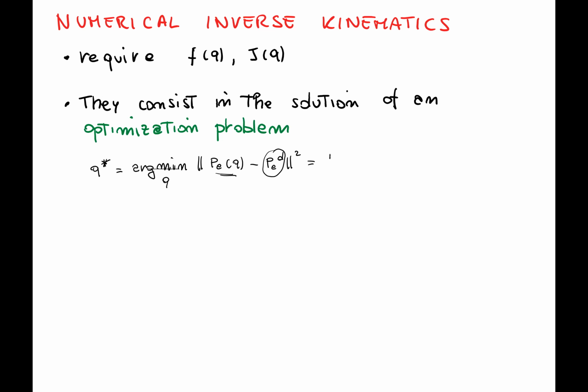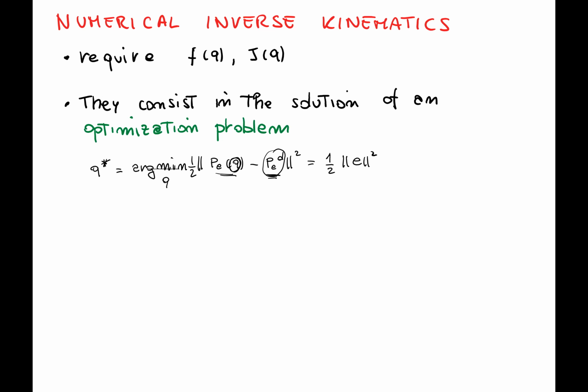So we can put 1/2, it doesn't change anything here. We can define this as the tracking error at the end effector between the forward kinematics of our guess of the joint variable and the desired end effector position that we want to achieve.